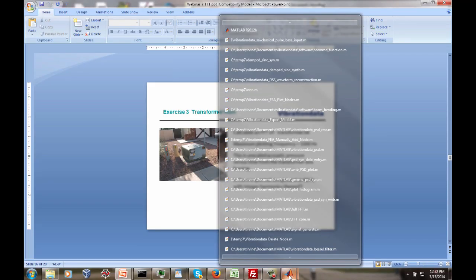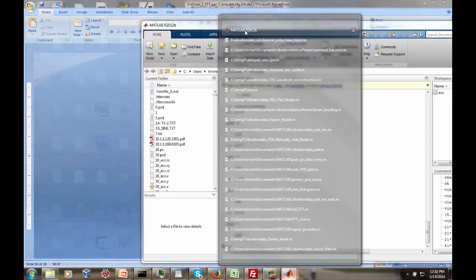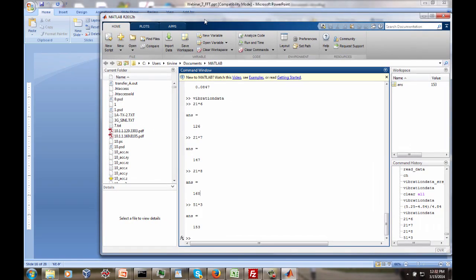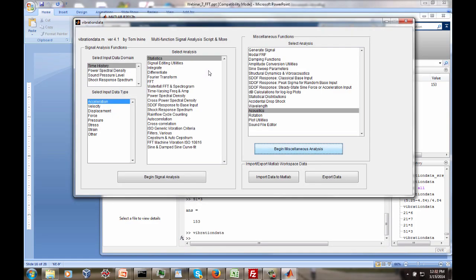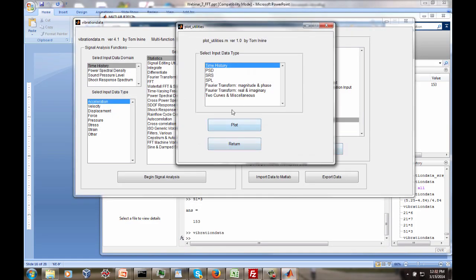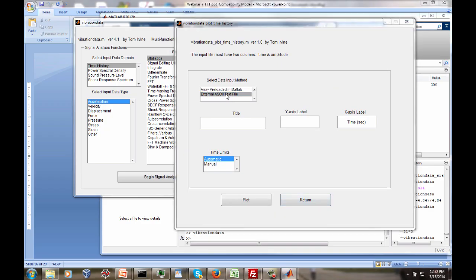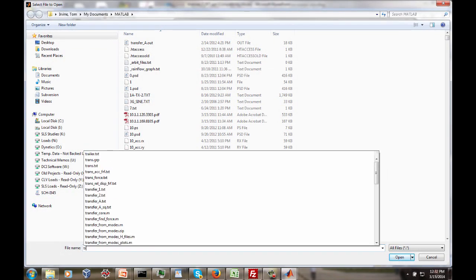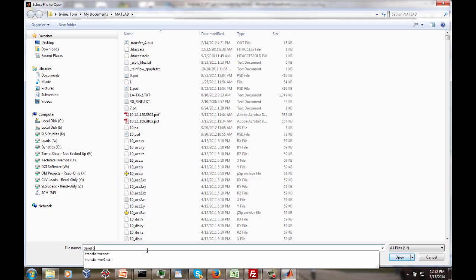So let's go to, we're back to our vibration data GUI package that we like to run here. And I'm going to just take a look at the time history, plot the time history, external ASCII file. This is called transformer.txt.